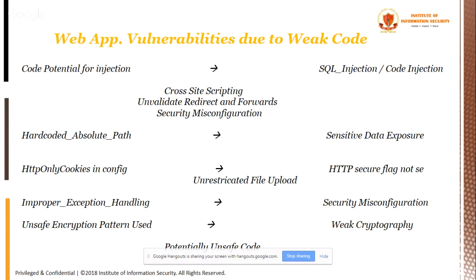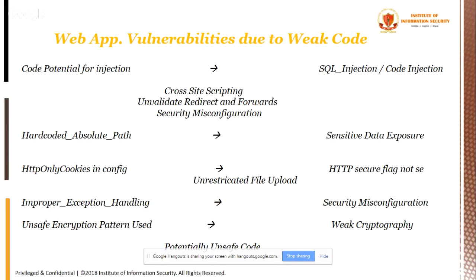Another thing I added over there is unvalidated redirects and forwards. What exactly is that? Everyone knows that if a link says that when you click, it will land you on Facebook, or otherwise on yahoo.com, right?